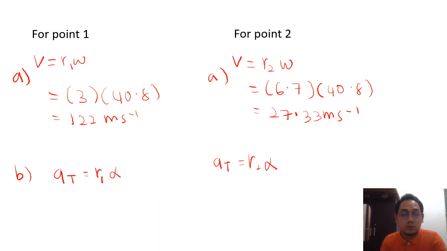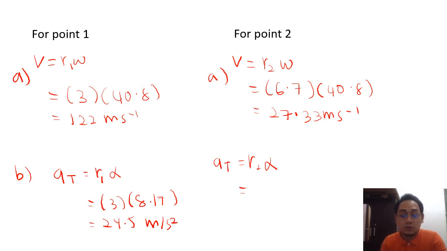So substitute the value of r and the value of alpha. The value of r is 3, and alpha, which we have already calculated in the previous slide, is 8.17. Put it in your calculator and you will get the answer, 24.5 meters per second squared.